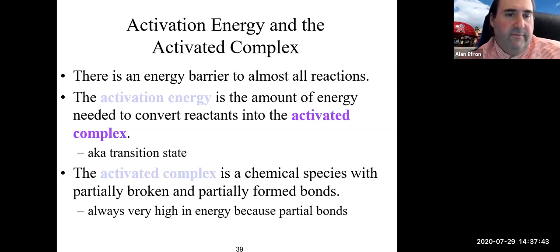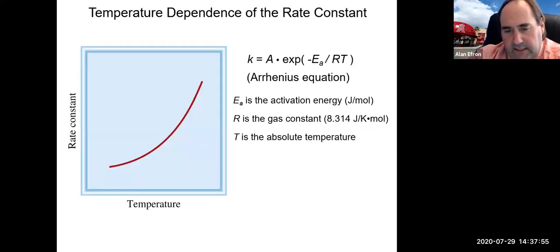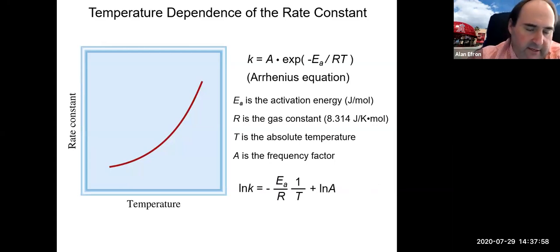So that version of the Arrhenius equation relates the rate constant to the temperature. Let's take a look at the relationship we see when it's graphed, rate constant versus temperature. As the temperature increases, going this way, the rate constant also increases right over here.